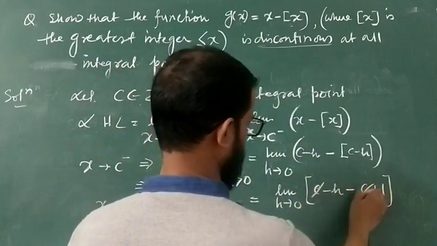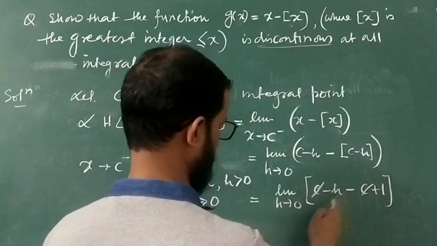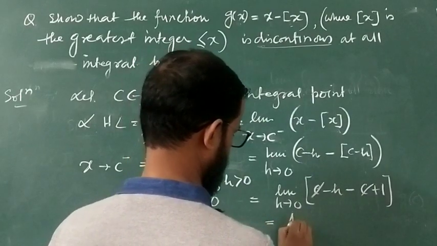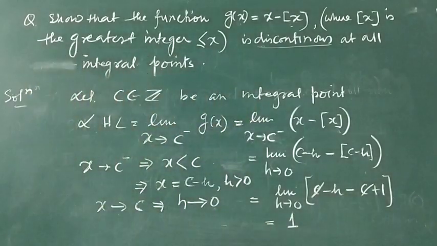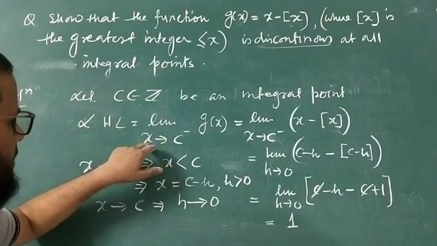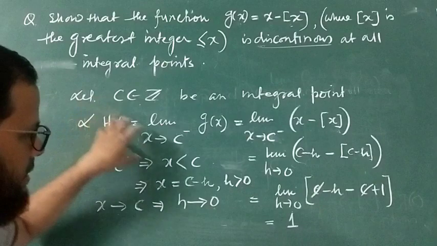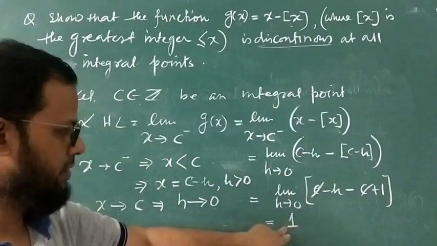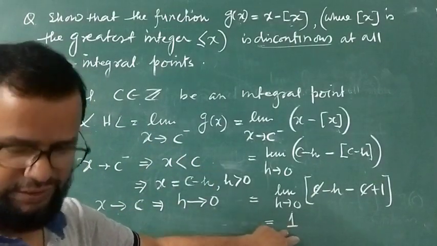Then this C and this C cancel. Finally, putting h equal to 0 here, you are getting what? 1. So finally, at the point C, which is an integer, the left hand limit is equal to 1. That means the left hand limit is finite and fixed, and therefore it exists.